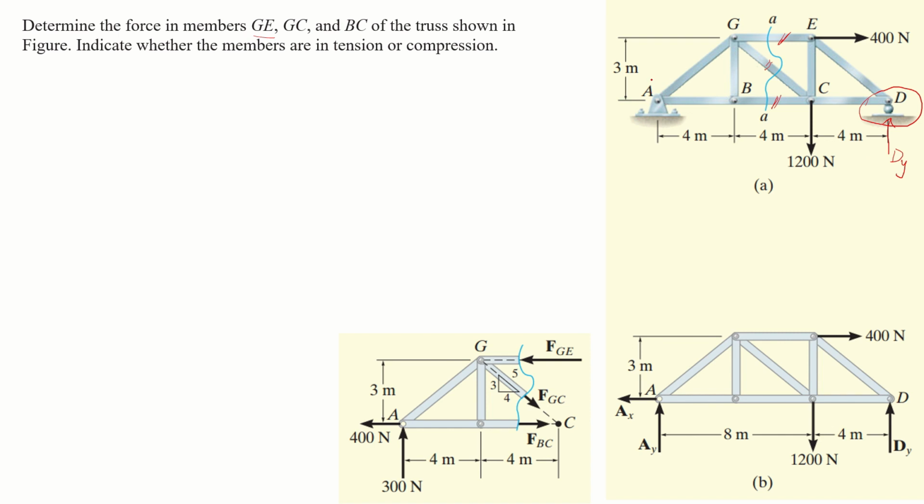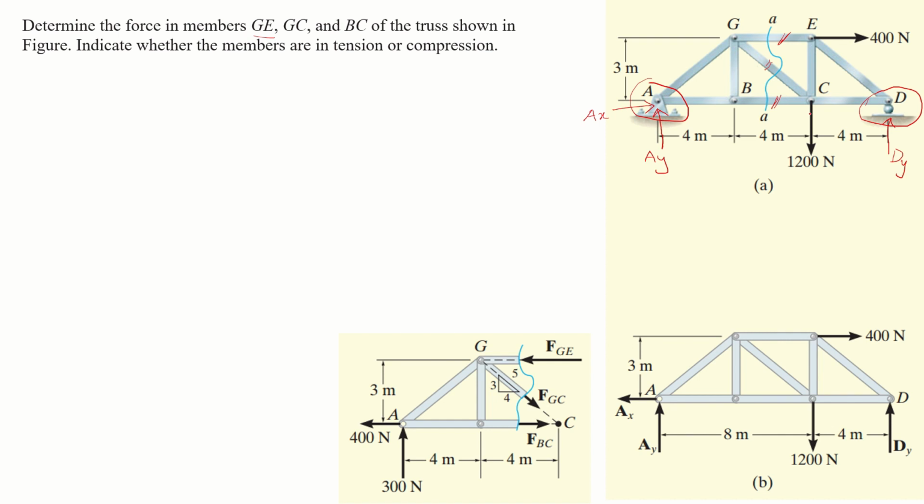Whereas the second support is at point A, and this is a pin connection. I already know that this pin can prevent horizontal motion and vertical motion. So there will be two reaction forces at this point A, AX and AY.